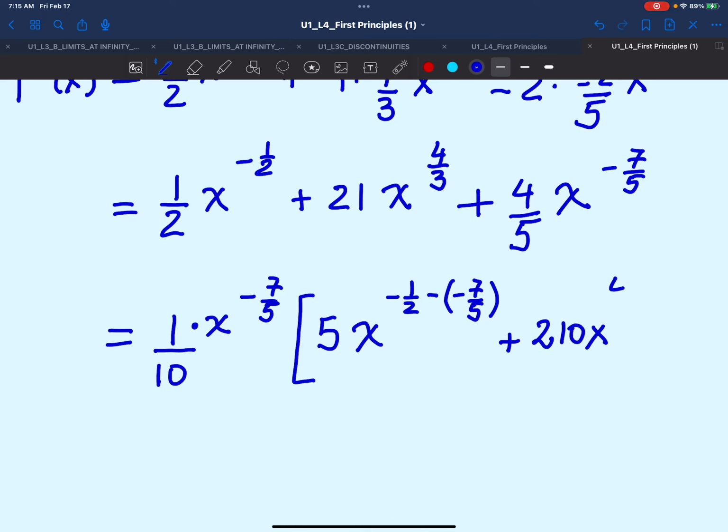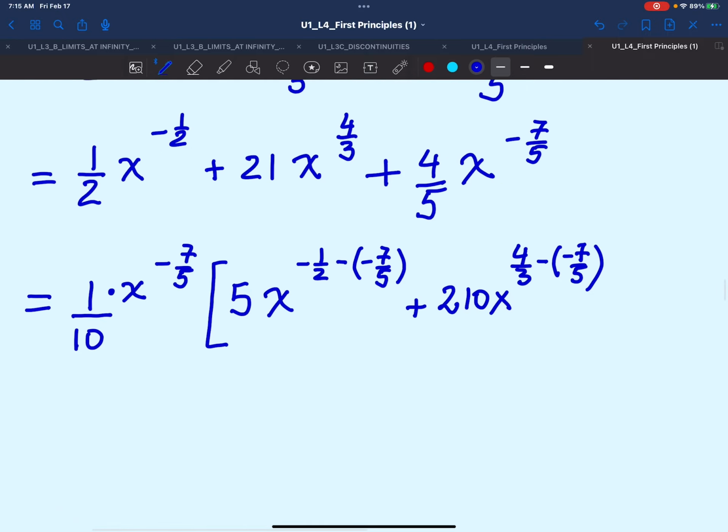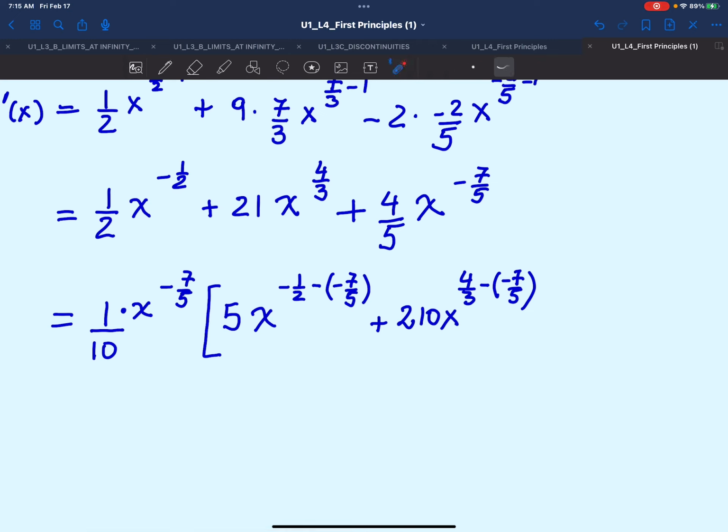x will be to the power of 4 over 3 minus negative 7 over 5. And lastly, we have 1 over 2 out of 4 over 5, which means 4 over 5 divided by 1 over 2 will be 4 over 5 times 2 over 1. That's 8 over 5.